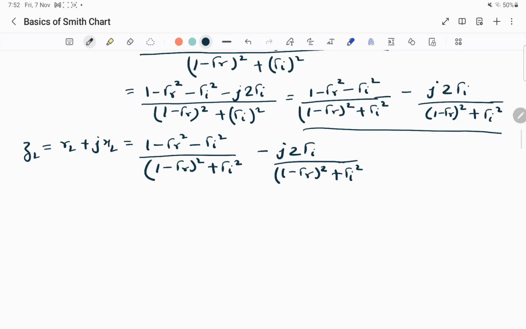So this means that RL is equal to the real part.